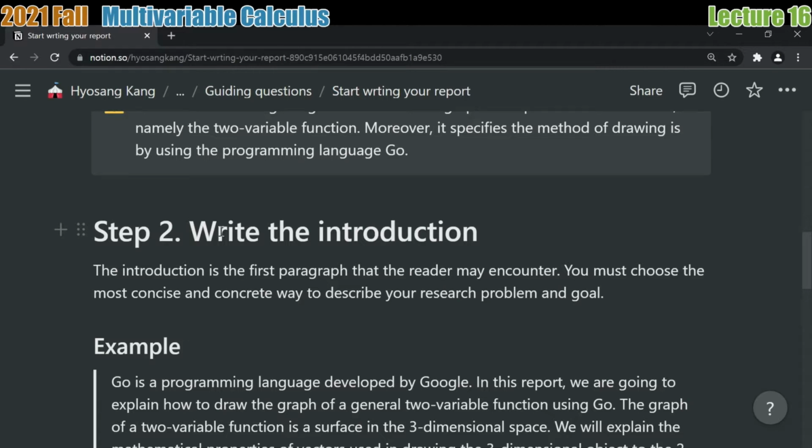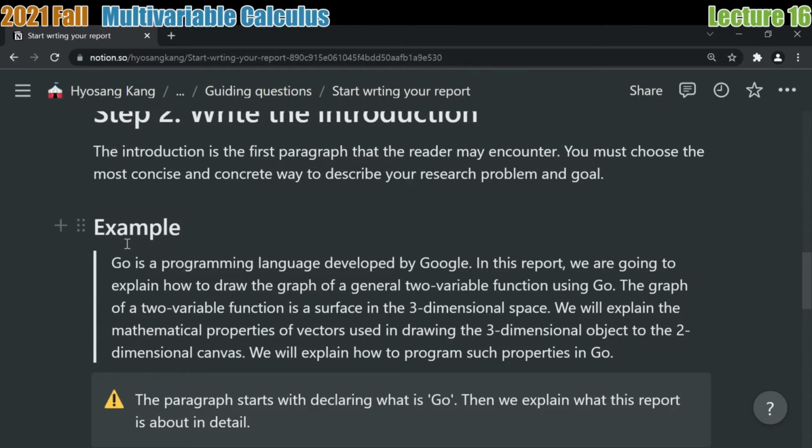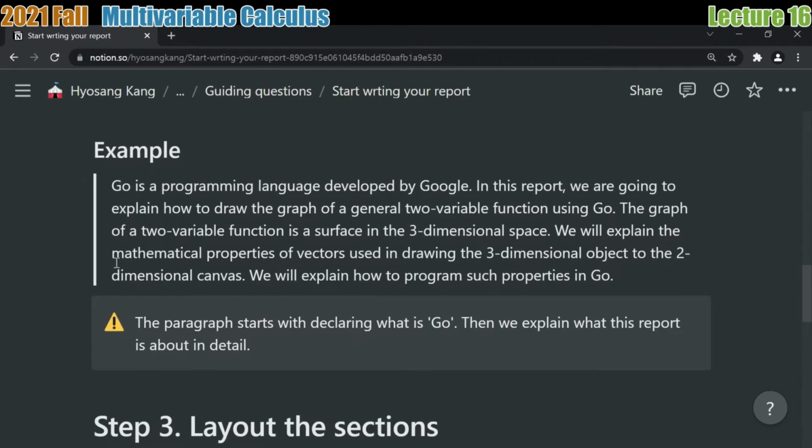So first of all, let's say, for example, after my title, I wrote my introduction such as, I'm going to read that. So Go is a programming language developed by Google, because I mentioned the word Go, because Go is the word that appeared in the title, and someone would not know what Go is. So I'm trying to give what Go is first.